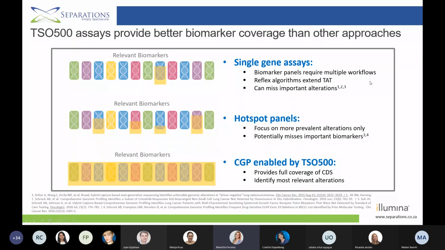We've got some hotspot panels, such as the focus panel. These focus on your more prevalent alterations, but again, you could potentially miss really important biomarkers. Therefore, they designed the TS0500 panel, which provides full coverage of your coding sequences, and it identifies most of the relevant alterations.